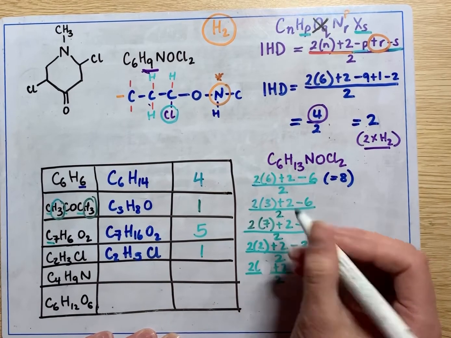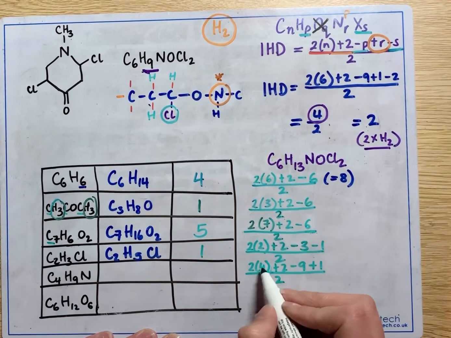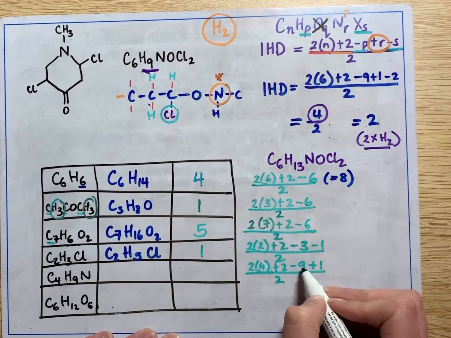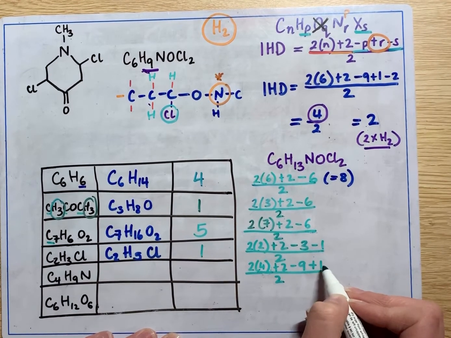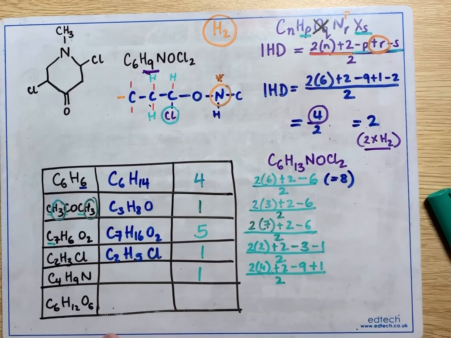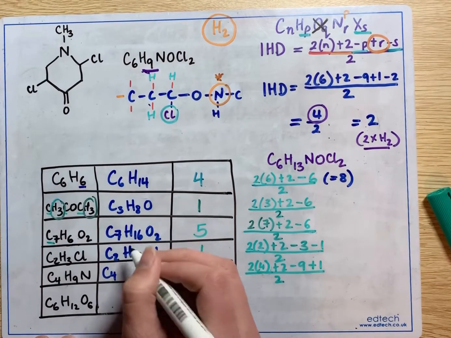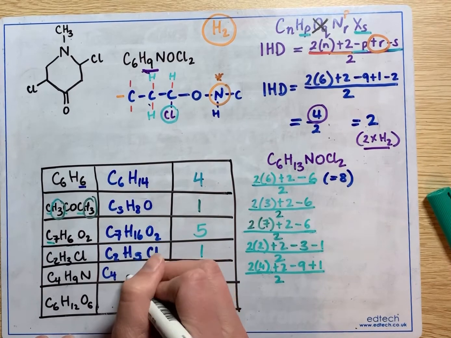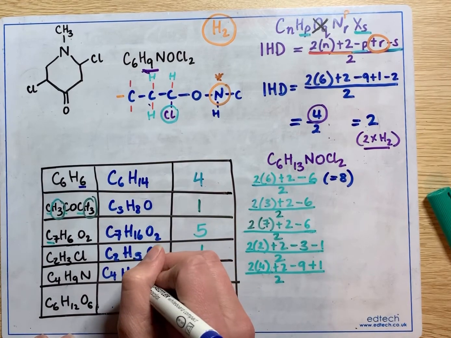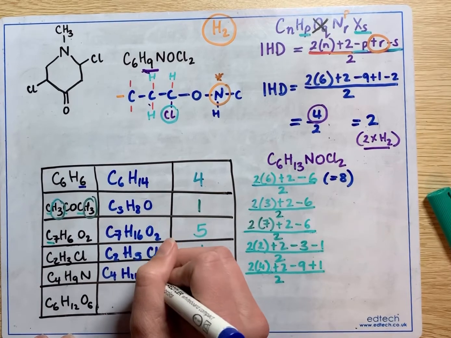I've done it again. It's been a long day. 2 times 4 is 8, plus 2 is 10, minus 9 is 1, plus 1 is 2. 2 over 2 is 1. C4H, we will put then, sorry, we've got 11 and N.